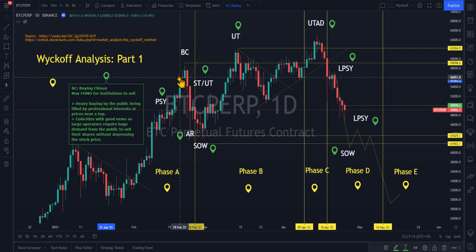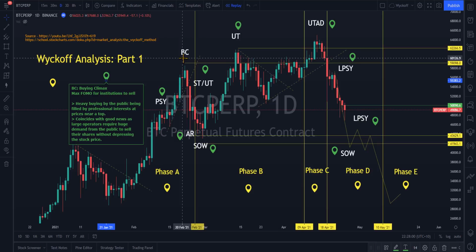Institutions feel that this is a pretty good place to start shorting when the actual momentum starts to come down. They also know that these moves are generally followed by other moves, so they don't give up on the buying climax. The concept of the buying climax sets an area of the trading range. This is what's really important to Wyckoff's analysis here. Now, what happens then?